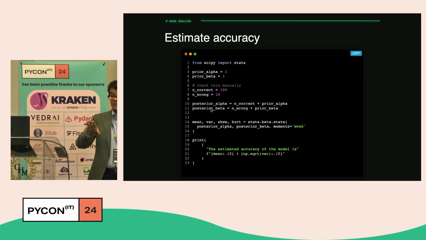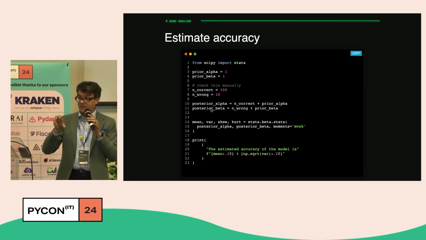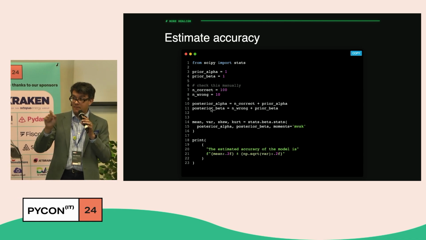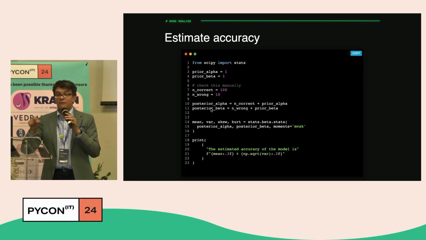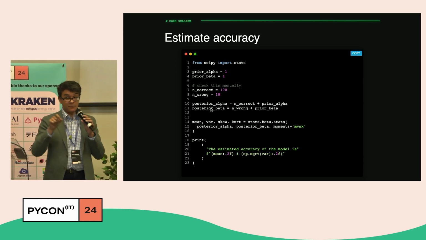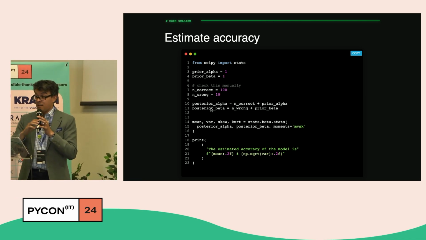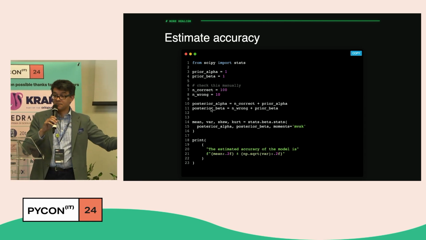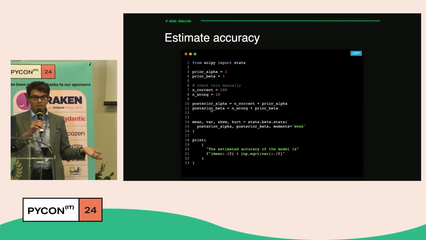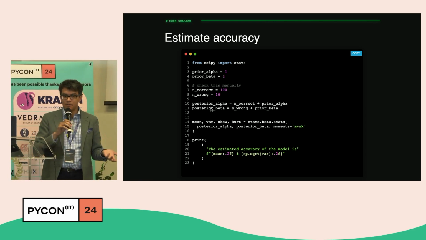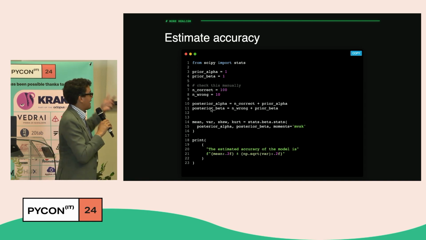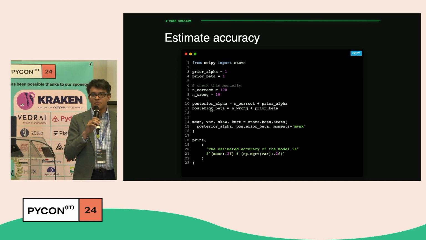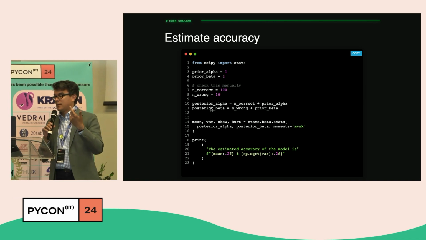We can take a random sample of classifications that a model made, and we can check manually whether we're correct or not. We can count those numbers of successes and failures, and we can just update our posterior alpha and beta for the new posterior distribution. And then we can very easily calculate what the distribution is like. We can calculate its moments, we can calculate its standard deviation, and we can just use that as an estimate for the accuracy.